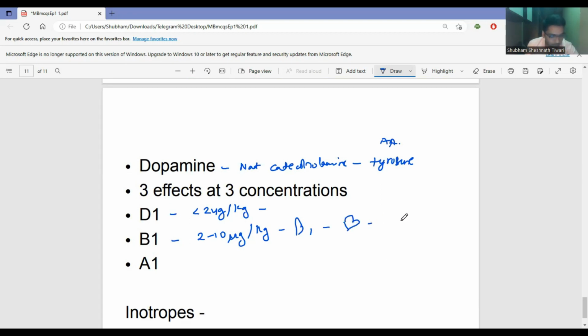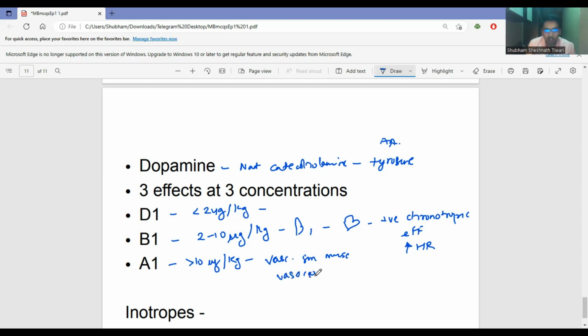Sorry, pardon my drawing. And it has a positive chronotropic effect, which basically means it increases your heart rate. And at doses above 10 microgram per kg, it acts on alpha 1 receptors. Alpha 1 receptors are present in your vascular smooth muscle, and it causes vasoconstriction here.